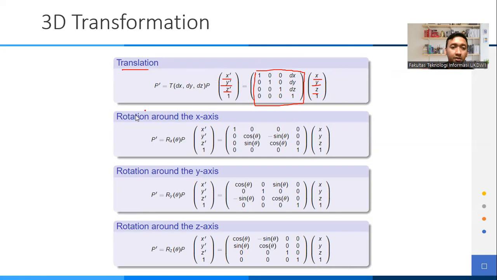And for rotation, we also have three axes, x, y, and z axis, for the rotation.